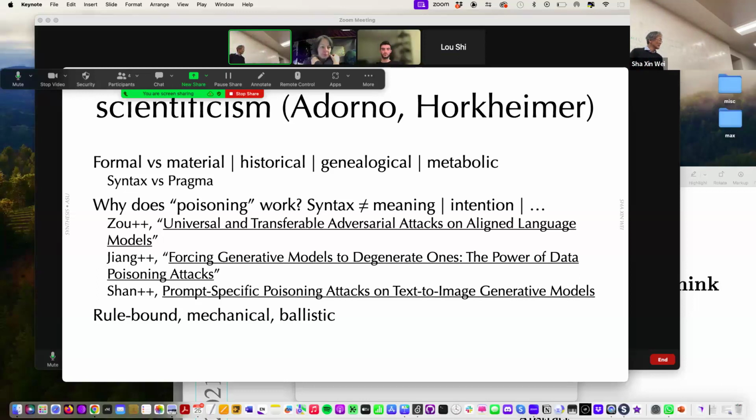So formal and syntactic means they're independent of materiality, psychology, emotion, and history. Those are all ignored. They're irrelevant. And precisely all of that, genealogy, history, emotion, politics, value, ethics, is what gives meaning.